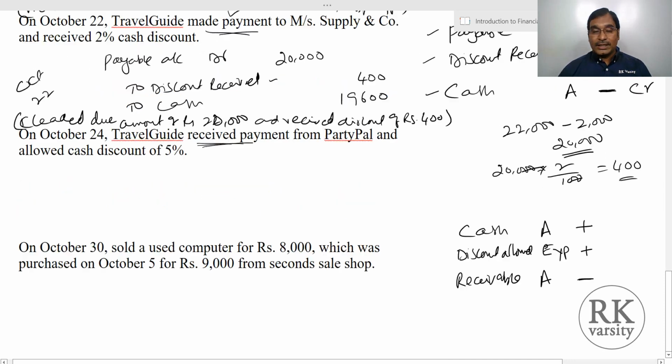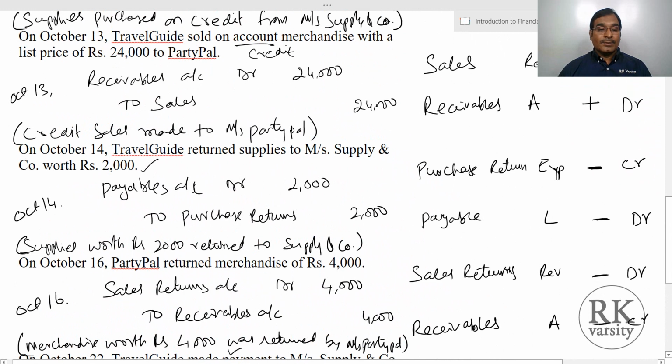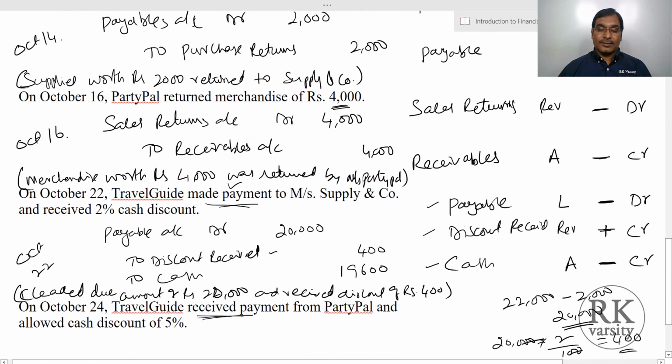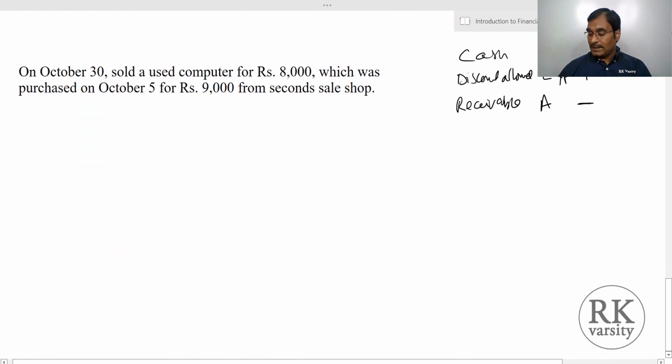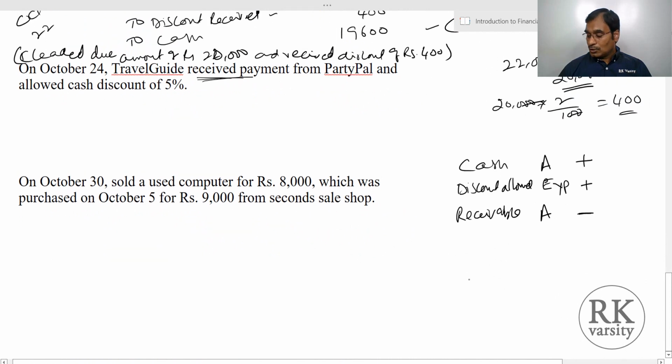So initially, if you observe here, you sold merchandise of rupees 24,000 to Party Paul, and Party Paul returned 4,000 rupees of merchandise. That means 24,000 is the sale minus 4,000 is the return.